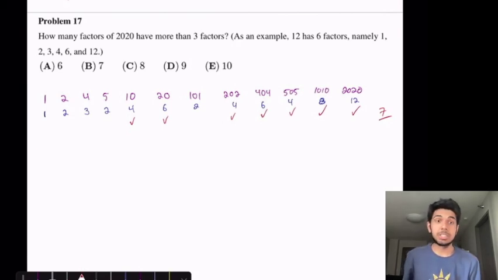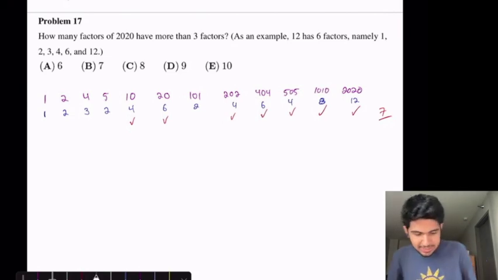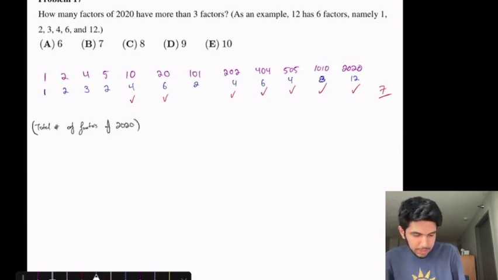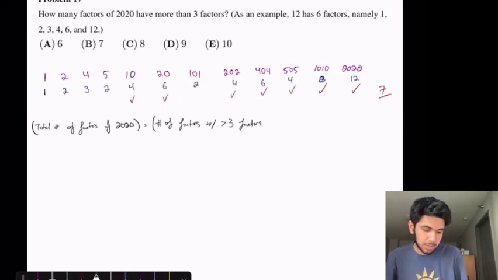So let me show you a different way of approaching this problem. We can say that the total number of factors of 2020 is going to be equal to the number of factors with more than 3 factors, which is what we're looking for, added with the number of factors with less than or equal to 3 factors, right?